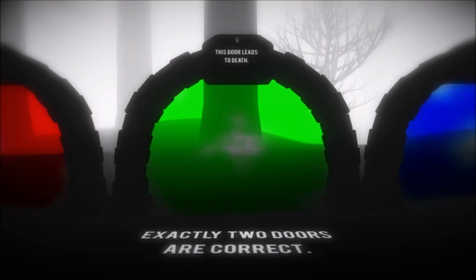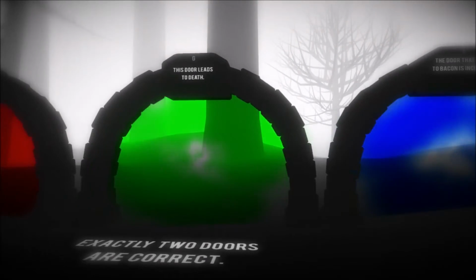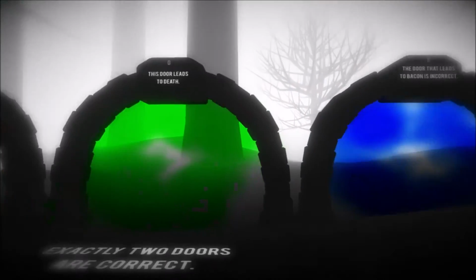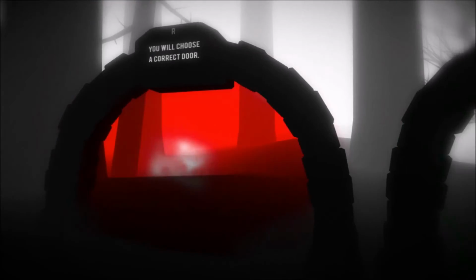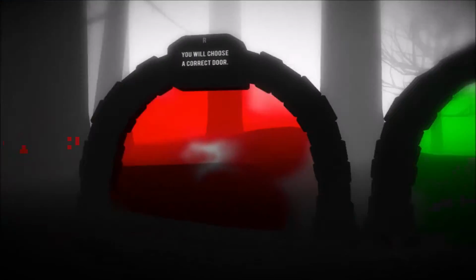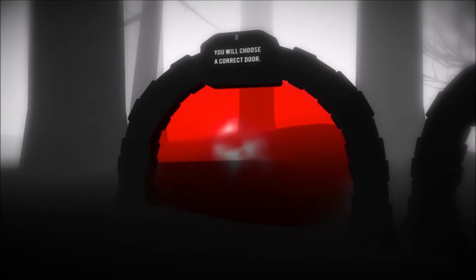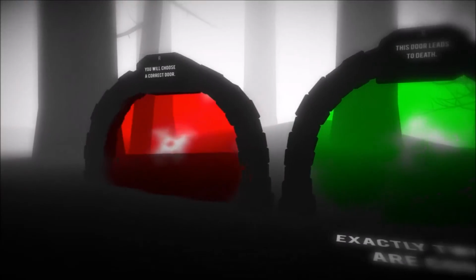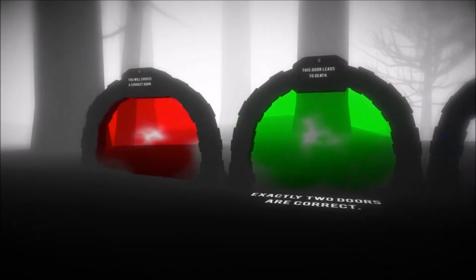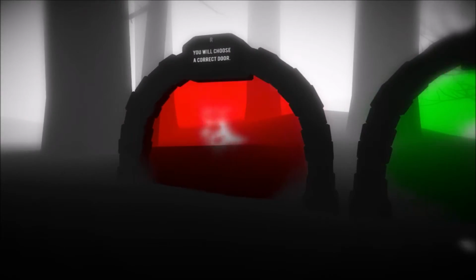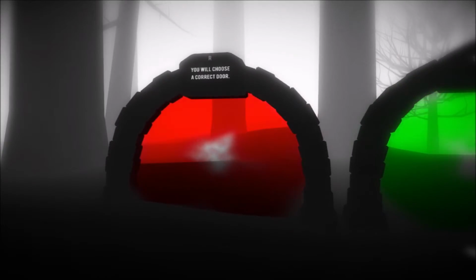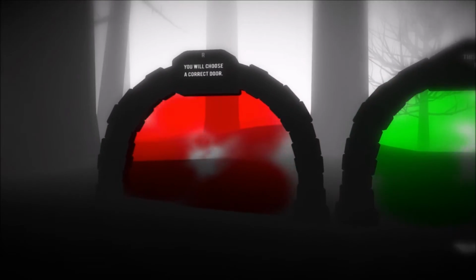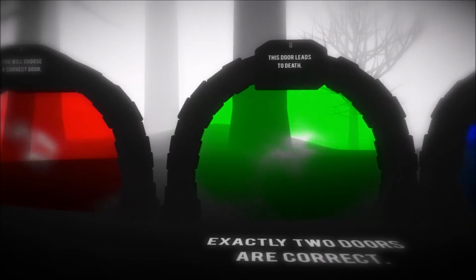If green is bacon, then that blue would be true, red would be false, green would be false, and I would choose the correct door would be true. So 2 would be there, okay. And if red was bacon, I will choose the correct door.